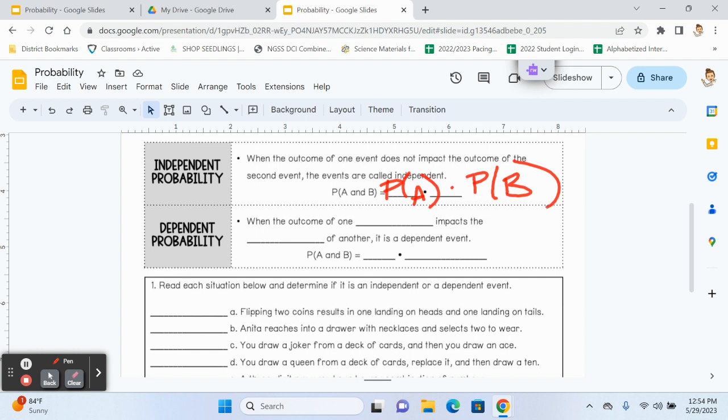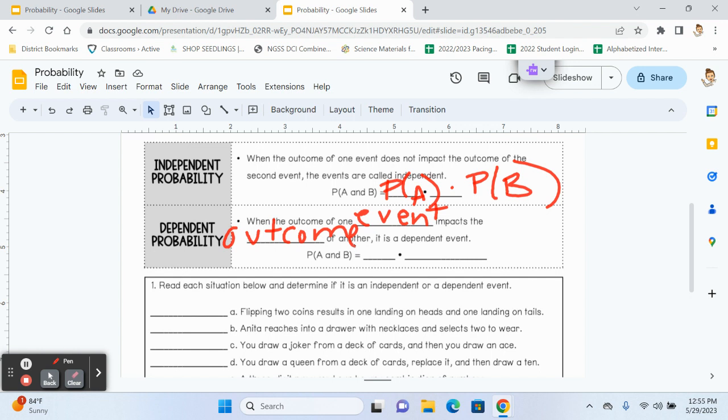So dependent is different. If you think about what independent and dependent mean, it depends on something else before it can mean anything. So when the outcome of one event impacts the outcome of another, it is dependent.